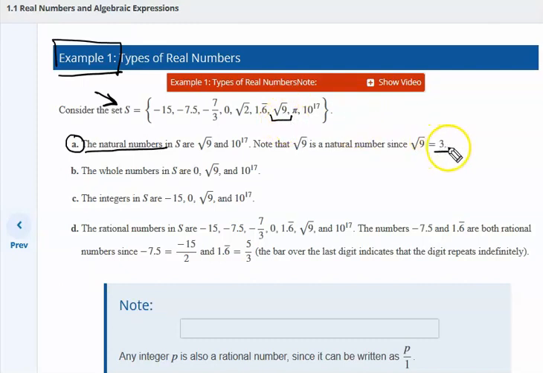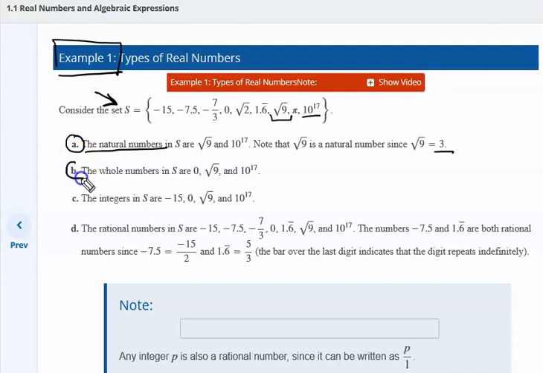This will be a 3. So the first one that's a natural number is the 3, sort of disguised as the square root of 9. And then 10 to the 17th power, that would also be a natural number.